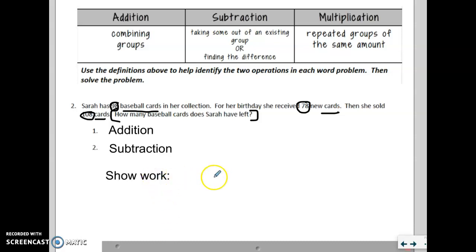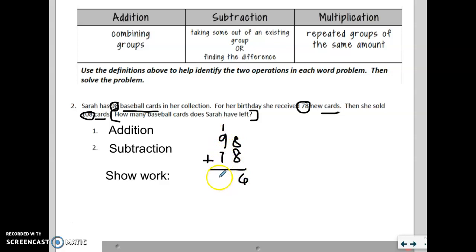So we said that we were going to add the cards together first, that she has 98 and she got 78 for her birthday. So first I'm going to add those cards together to see what her total is. So 8 plus 8 is 16. I carry the 1. 6 is going to go below. 9 plus 1 is 10.